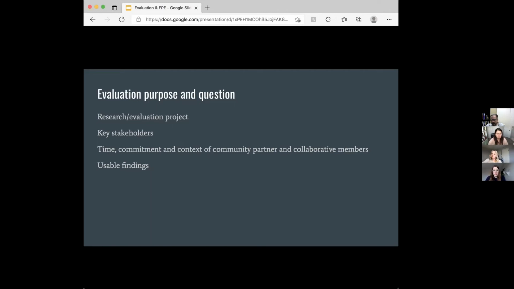So when thinking about the evaluation purpose, some of the things that we considered were: what are the outcomes that we are trying to achieve? What is the purpose of these questions and what do we want to do with this information? We knew that the purpose of the overall research project, so thinking about the whole system of workforce development in Edmonton, was to guide policy and system change efforts of End Poverty Edmonton in workforce development.